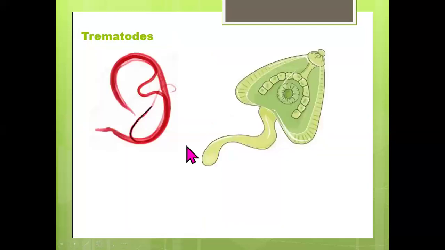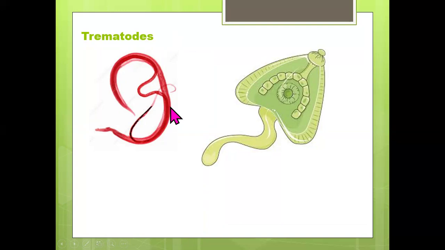So we can also have trematodes. Examples of trematodes include schistosomes. Schistosomes are agents that cause schistosomiasis or bilharziasis.